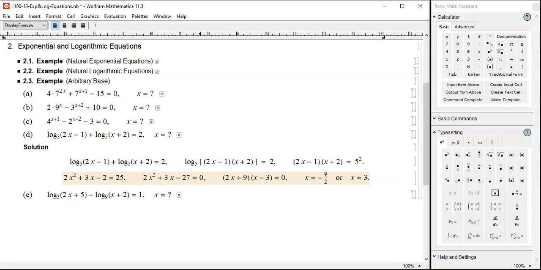Now, if you plug in x equal to 3, everything will be okay. We have 3 plus 2 here, so we have log of 5. So log base 5 of 5, that's 1. Plug in x equal to 3 over here, and we get another 5. 6 minus 1, so log base 5 of 5, that's 1.